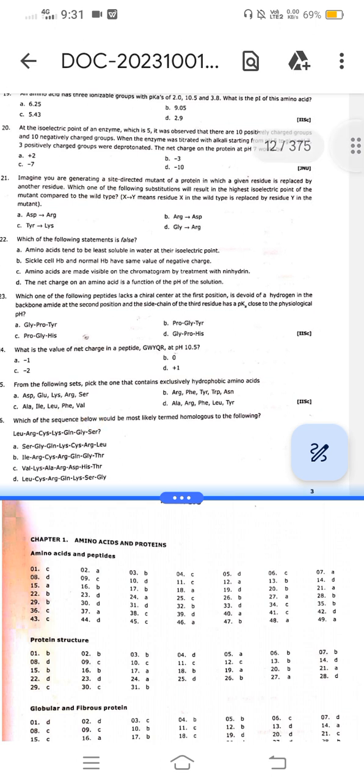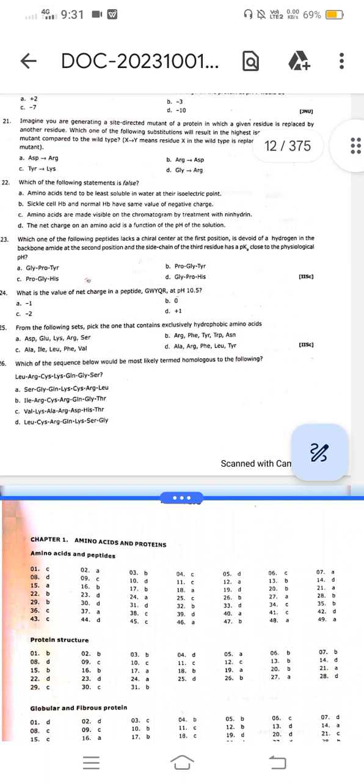Extremely hydrophobic. Which are they? Alanine, leucine, phenylalanine, valine. Okay. Which one of the sequences below would be most likely termed homologous to the following? D.